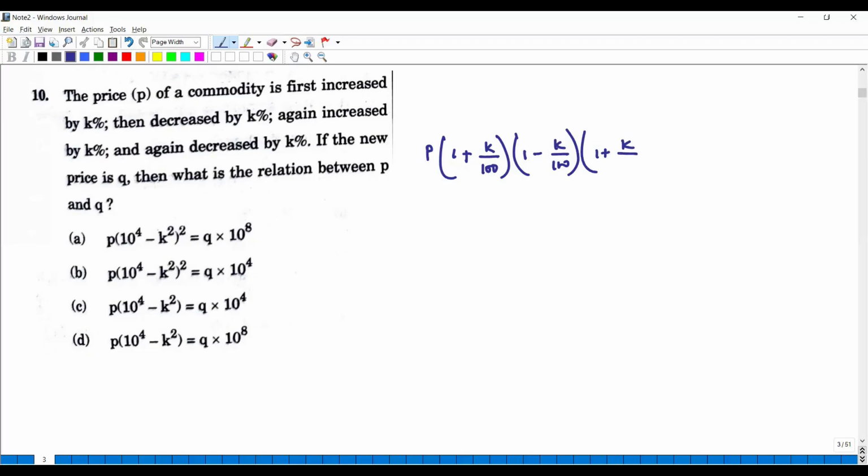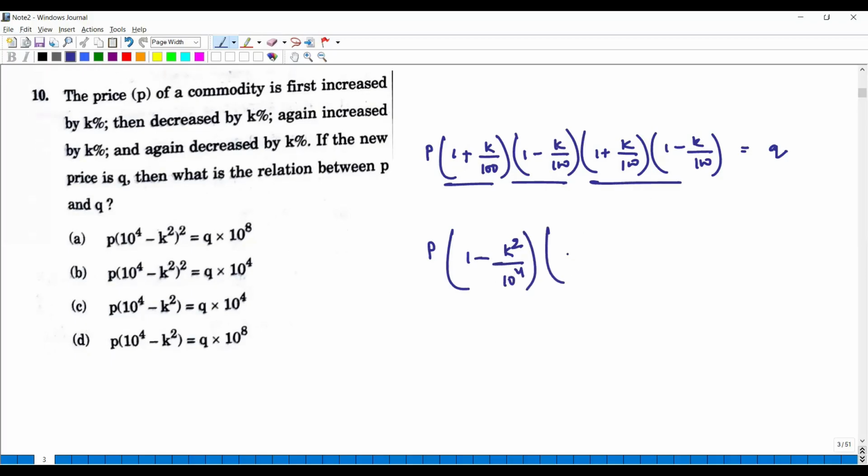Then it became Q. 1 plus K into 1 minus K is 1 minus K square by 100 square, which is 10 power 4. This one is also the same thing, 1 minus K square by.